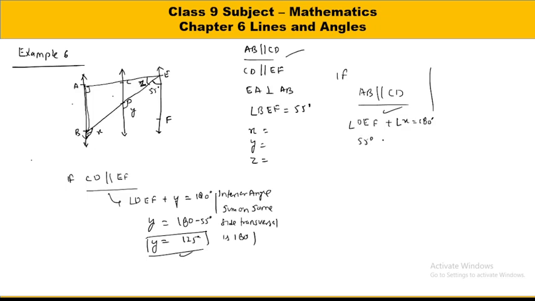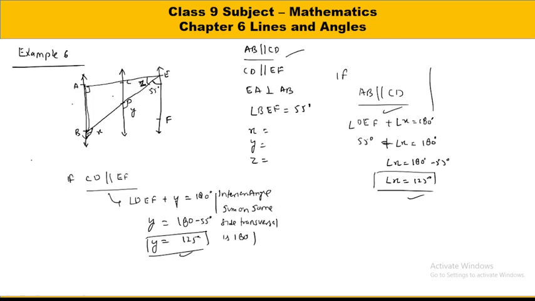It is 55 degrees, already given. So 55 plus angle X equals 180 degrees. Angle X equals 180 minus 55 degrees. Then angle X will also be equal to 125 degrees.